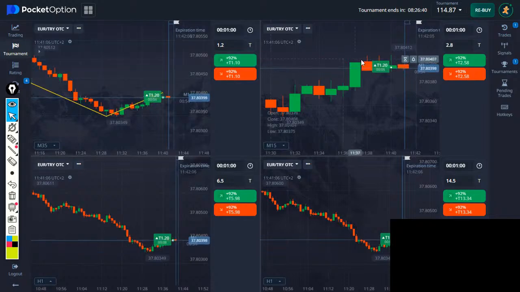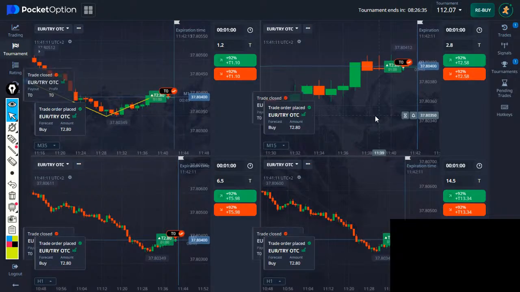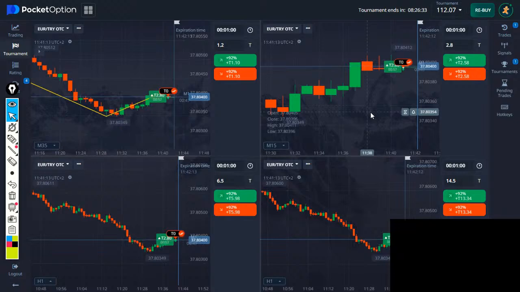So this is gonna be a loss. We go for a buy, second step of the cycle. At least a 1 minute trade gives it a little bit of room. It gives it room to go your way.